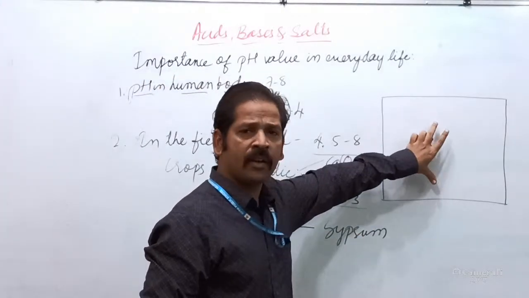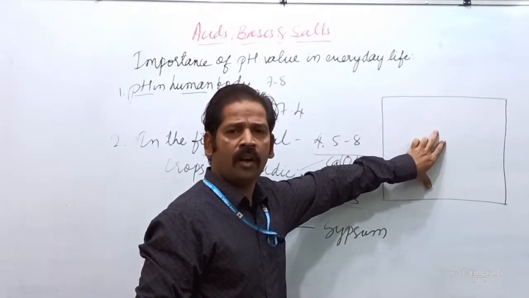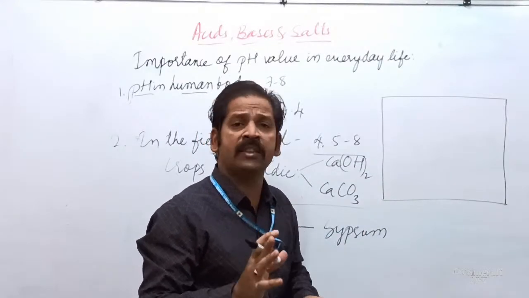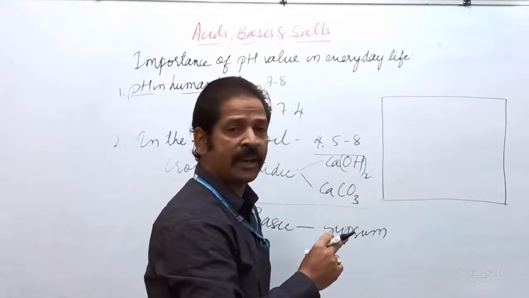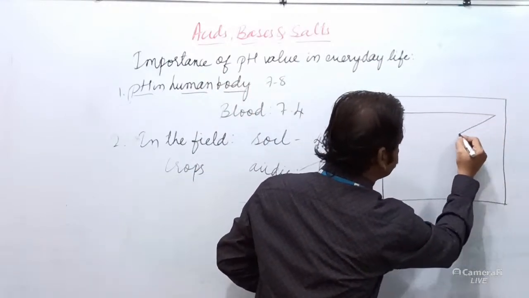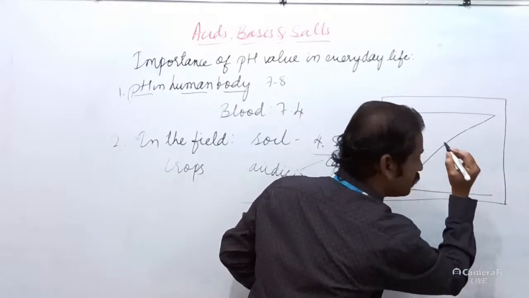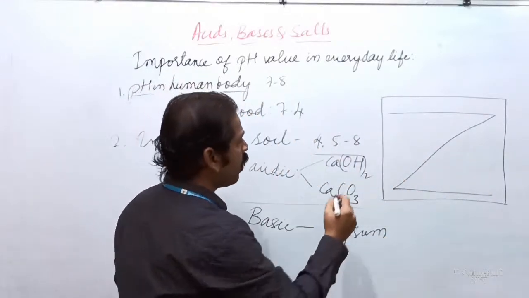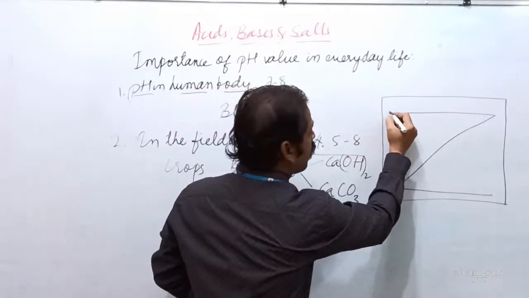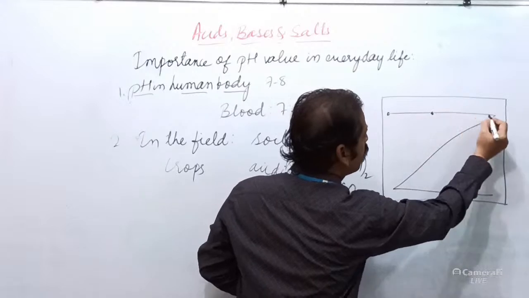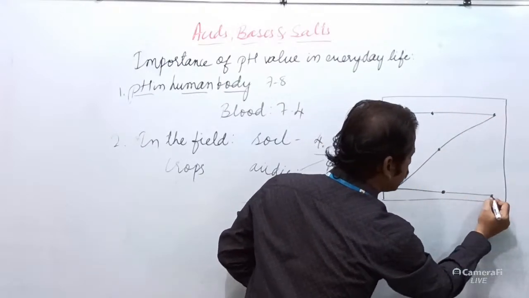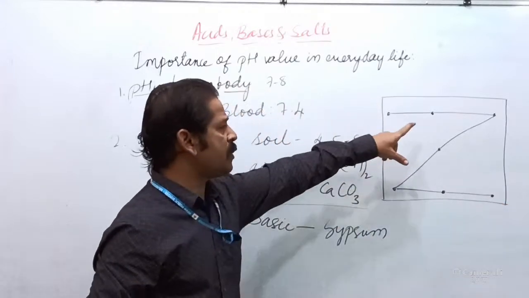If it is an agricultural field, how do you collect the soil from all the areas? If you go in a Z manner, there are points 1, 2, 3, 4, 5, 6, 7. These are all the points.